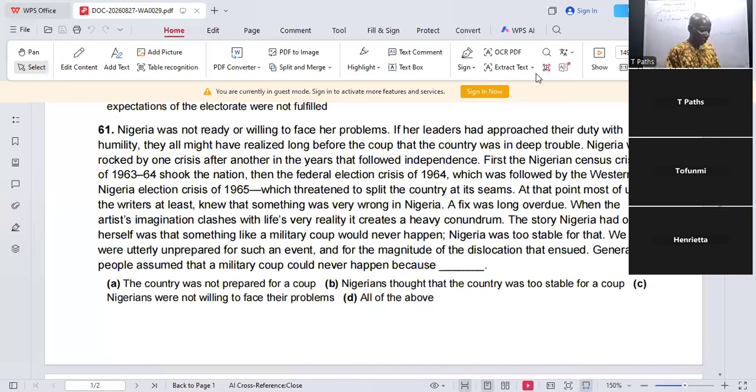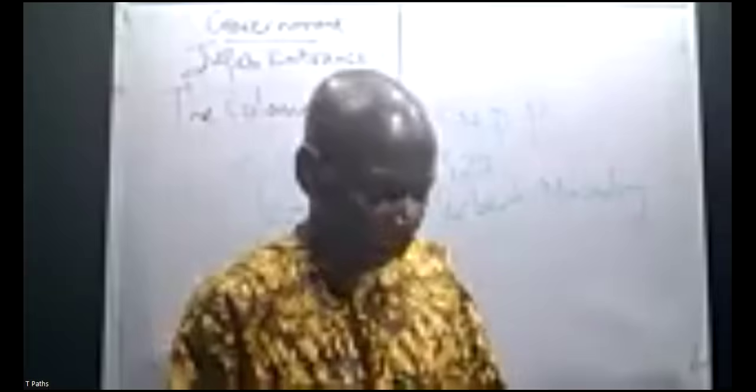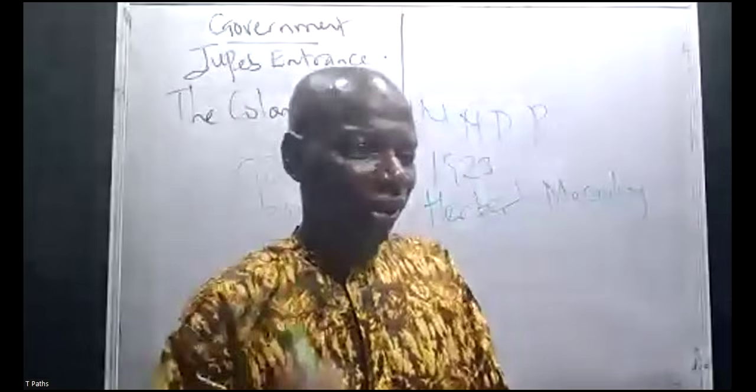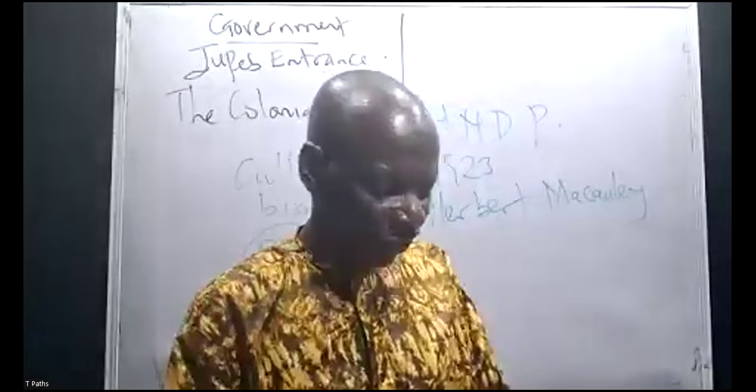And check where we were after independence, we were having one problem or the other: the Western region crisis between Awolowo and Akintola over what? The post of premier in the West that led to the incarceration of Obafemi Awolowo. And they later declared a state of emergency in the West. And now another census crisis of 1964, the Western parliamentary crisis, the election of 1965. All these crises rocked Nigeria immediately after independence.